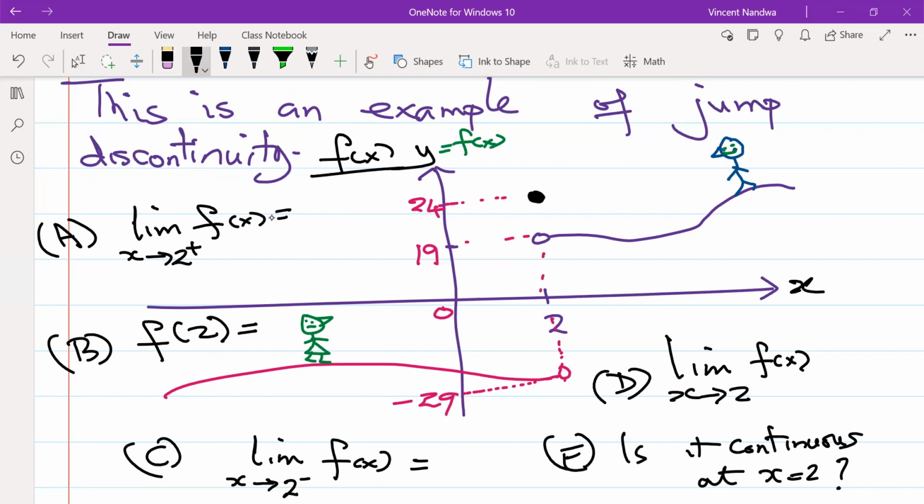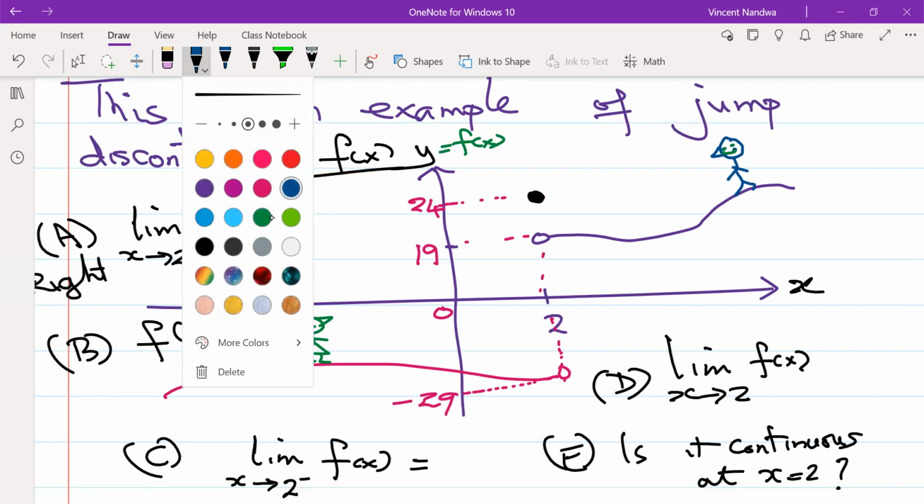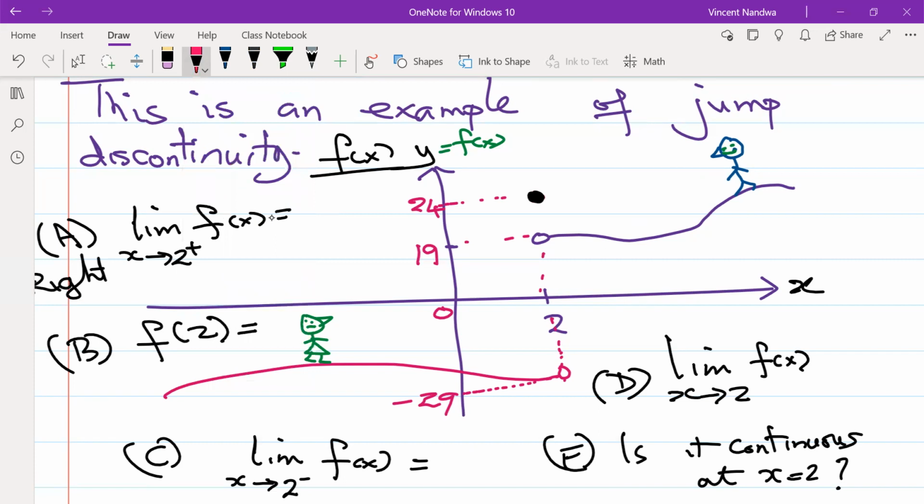Remember, when you say x approaches a from the plus side, this means this is the right-hand limit. Are we going to use the route of the girl or the route of the boy from my diagram? Who is going to get the right-hand limit? Is it the boy or the girl? Boy. And remember the reference point is this line x equals 2. So the arm that gives us the right-hand limit is the arm that the boy is walking along.